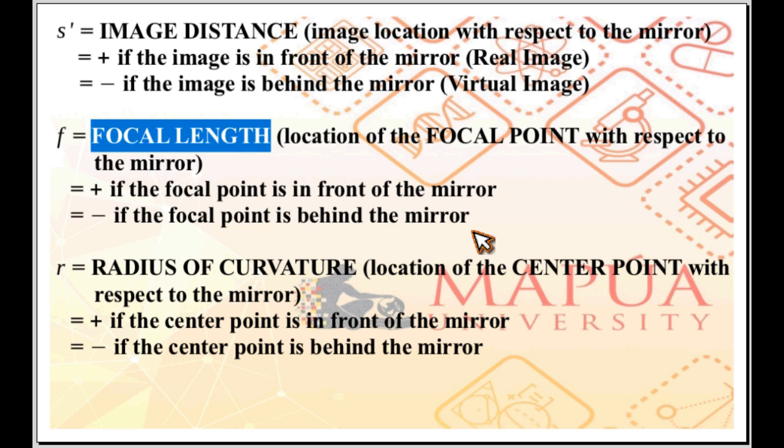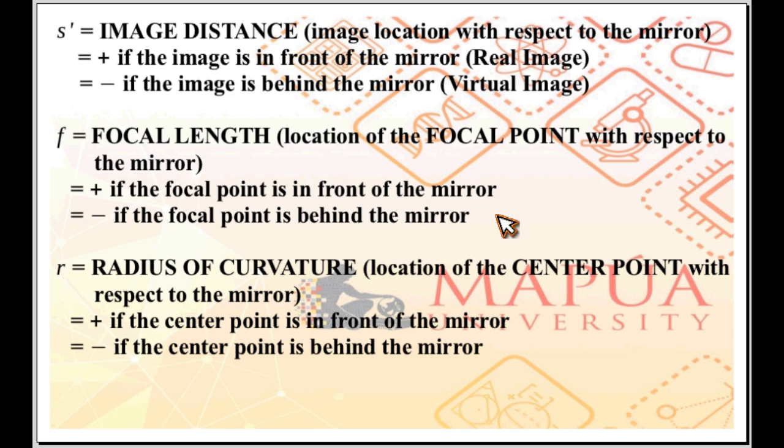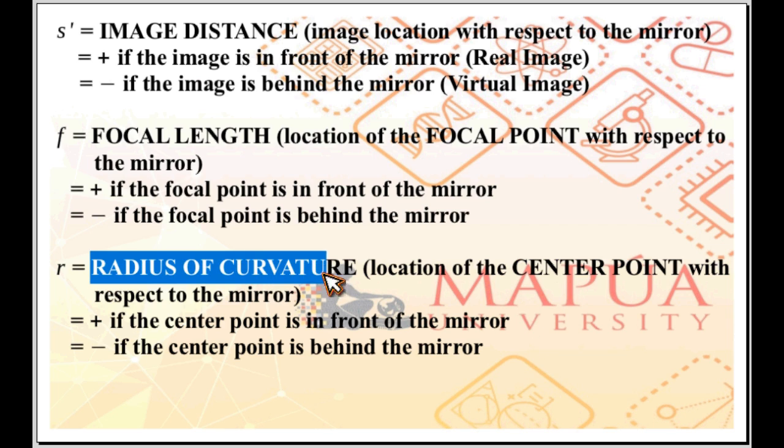Now, F is equal to R over 2, which means we have the same sign convention for R. R is radius of curvature of the mirror. Radius of curvature, which means the mirror has a curvature to take note of. Radius of curvature, location of the center point of the curvature with respect to the mirror.